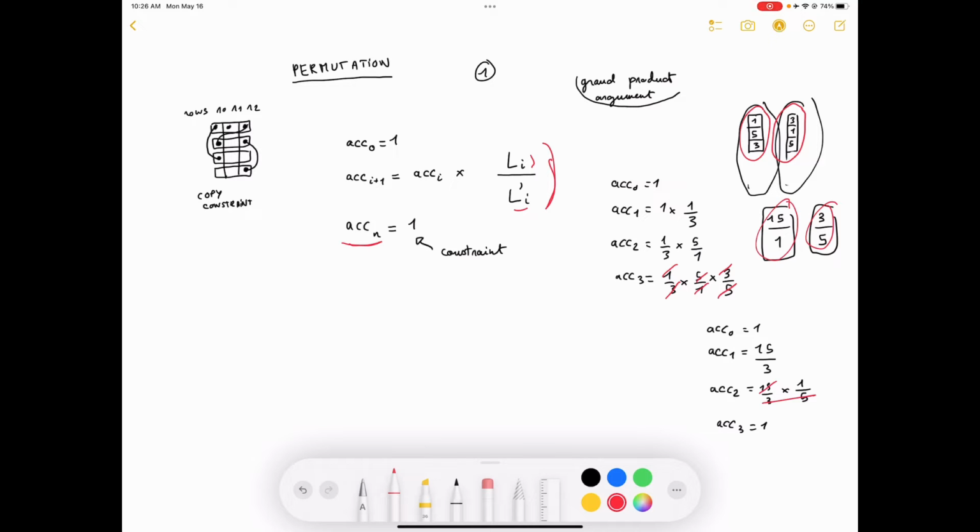So the way you fix this is by introducing a gamma, so a challenge from the verifier, and making this protocol interactive.